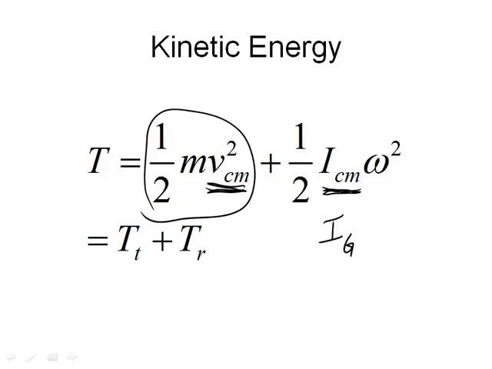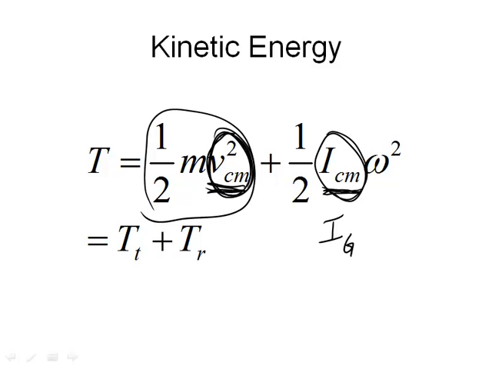If you do the parallel axis theorem about some other point, you're actually bringing this value into play. So either do the moment of inertia about the center of mass and the velocity of the center of mass in your kinetic energy, and that's what I recommend that you do.